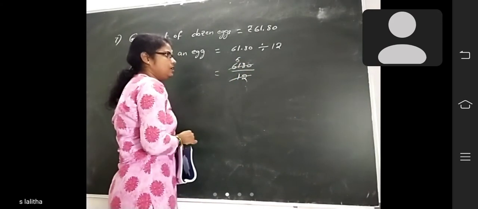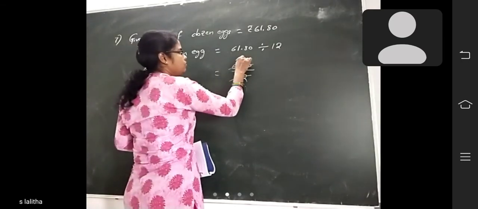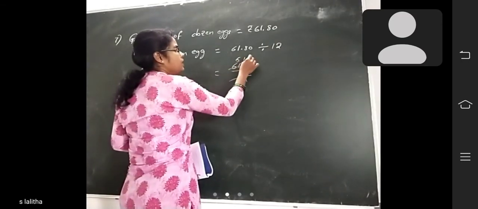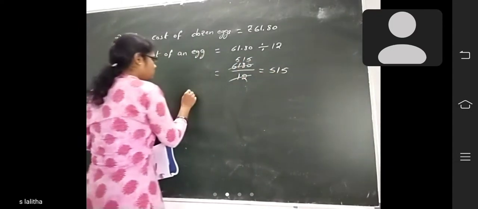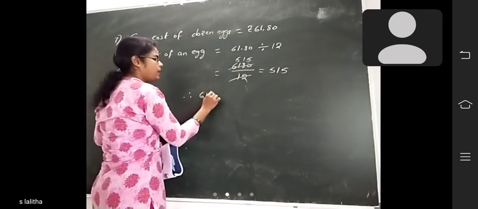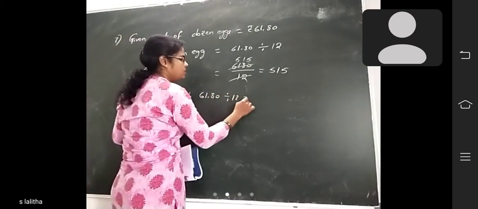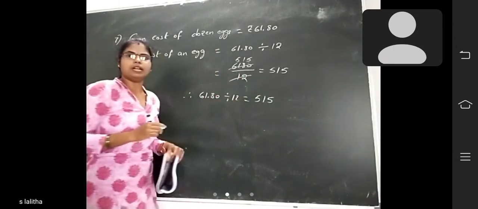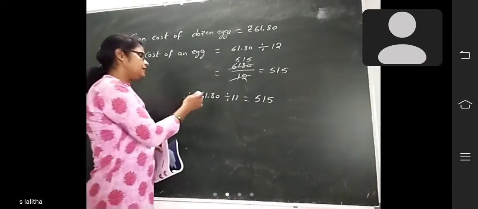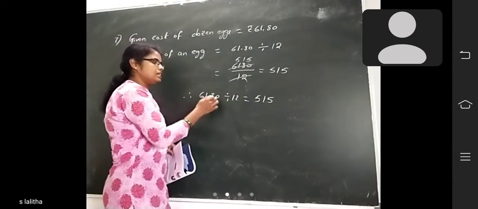In the 12 table, how many times? 12 by 60. 1 is remaining, 18. 12 ones 12. 6 is remaining, 60. 12 5s 60. So 515. Therefore 61.80 divided by 12 is equal to 515. Where should you keep the decimal point? How many decimals are there? 2.